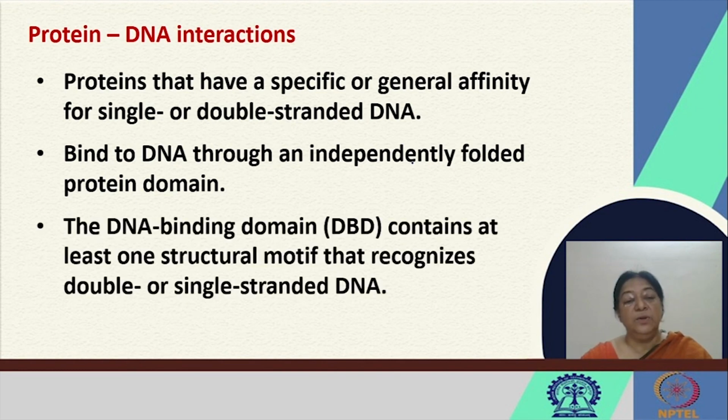The DNA binding domain contains one structural motif, which we saw in most cases was a helix, that recognized the double or the single stranded DNA and bound to the major groove of the DNA in a specific geometric and chemical fashion. So the recognition, again, as we see, is important for the protein DNA complex to form in the interactions that are observed.